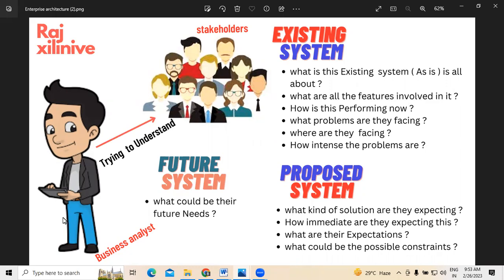So the existing system, which is called as-is, has to be identified and studied first. Next, the proposed system, which is called to-be, has to be identified by the BA. He's trying to understand this. Next, future system. Future system is absolutely an optional thing, because future system means what could be their future needs. That has to be understood, because when you are developing a solution, there is a business angle hidden to that.